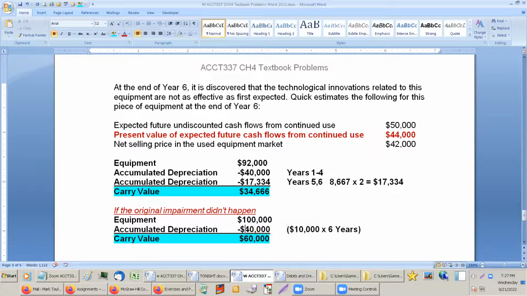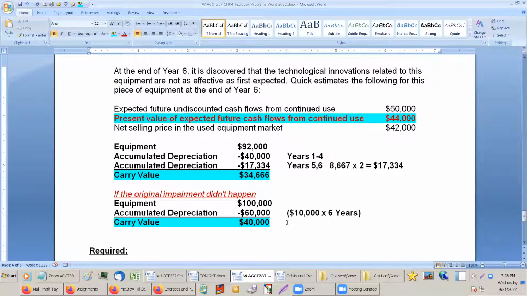This would have been 60,000. And this would have been 40,000. So we can't write it up to this, the 44, because it would go over what we would have if we had not written it down in the first place. We can only go up to what we originally had. We can't go more than it, even if it is worth more than it.